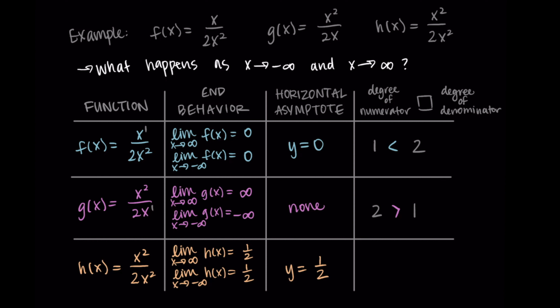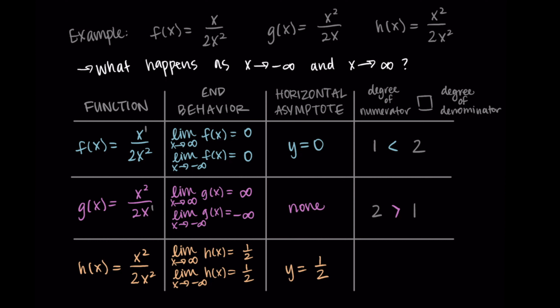So here, the degree of the numerator was 2, which is greater than the degree of the denominator, which is 1. So I compare the top degree, which is 2, to the bottom degree, which is 1. 2 is greater than 1, and there was no horizontal asymptote in this case. Here, I like to think that the numerator of the fraction is growing much faster than the denominator, and so we're just going to continue to grow without bound.